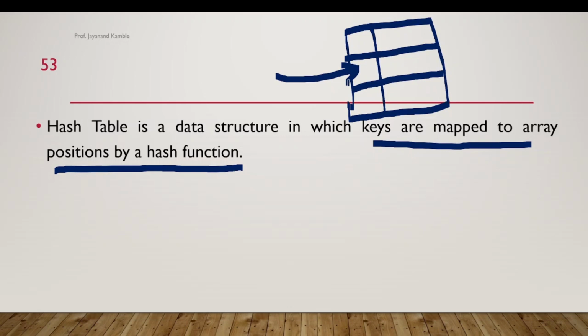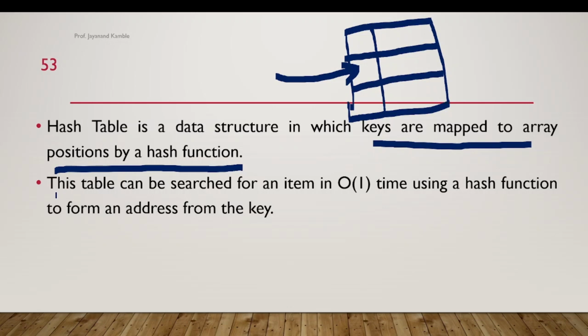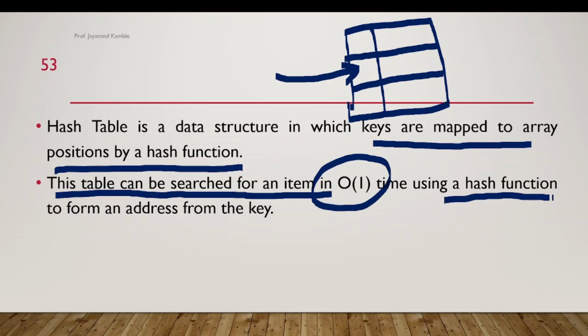So keys will be mapped to the array positions by the hash function. This table can also be searched for any particular item in O of 1 time using a hash function to form an address from the key. So the basic understanding here is that the time required to search a particular element in case of hashing will be O of 1, that is constant time.